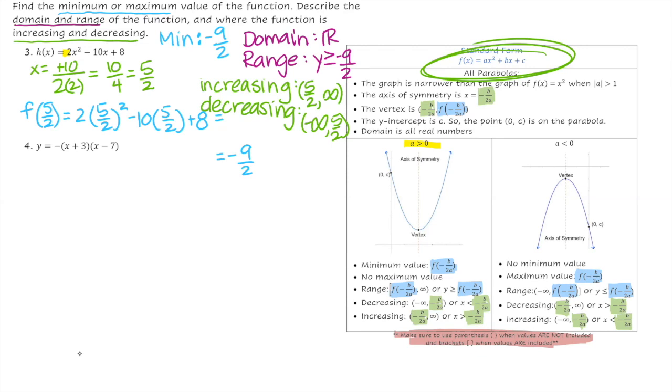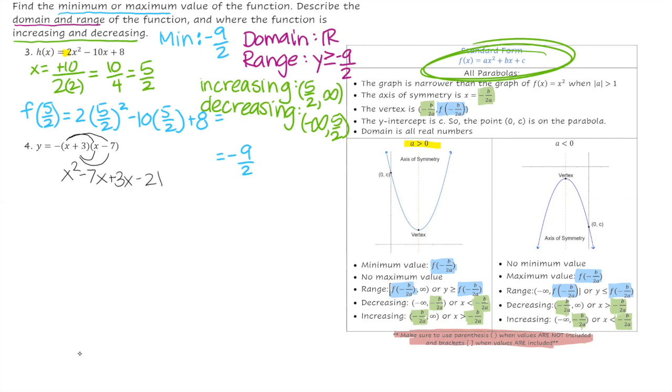What's different for number 4 is it's in factored form. So if I want to use all the same information that I have in the box over here, then I'm going to have to turn it into standard form. I'm going to distribute x times x and x times negative 7, 3 times x and 3 times negative 7.